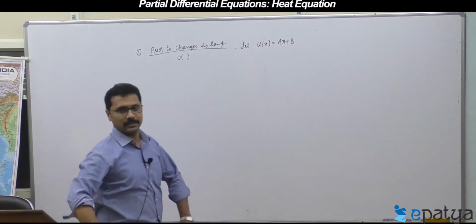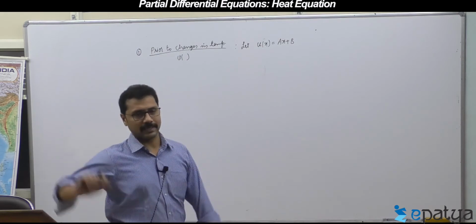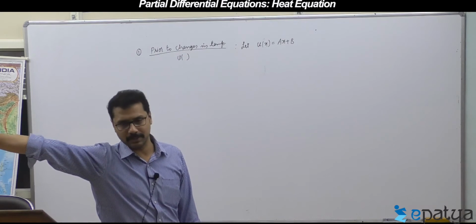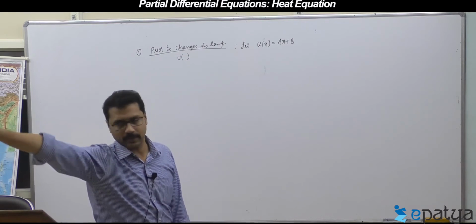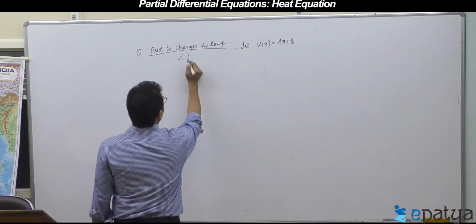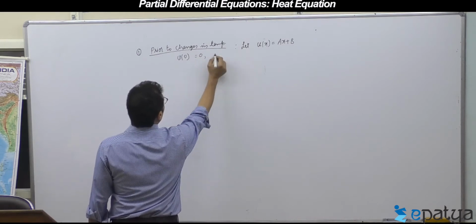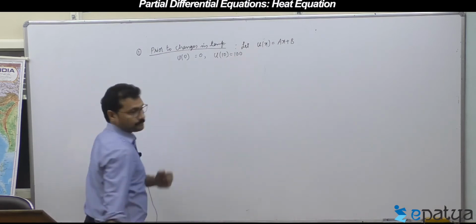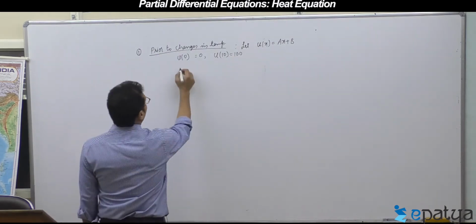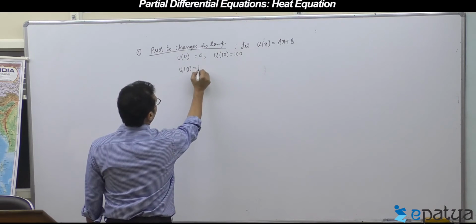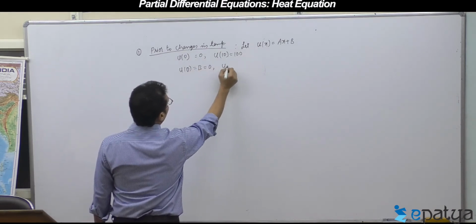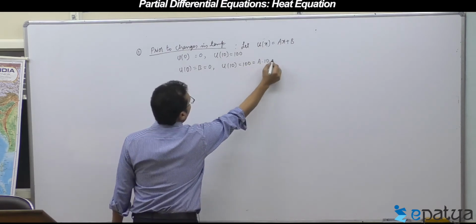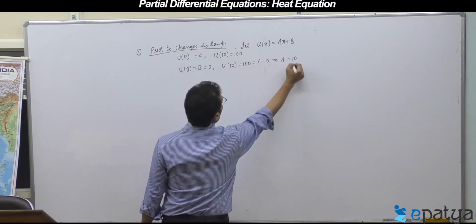Since nothing is given, it's a homogeneous body. Since a steady state temperature distribution is maintained already, obviously it will be a linear, straight line temperature distribution, y equal to mx plus c. So ax plus b. u of 0 is given to be 0 and u of 10 is given to be 100. Therefore u of 0 equal to b equal to 0, and u of 10 equal to 100 equals a into 10.